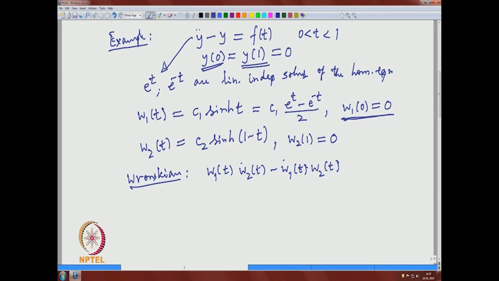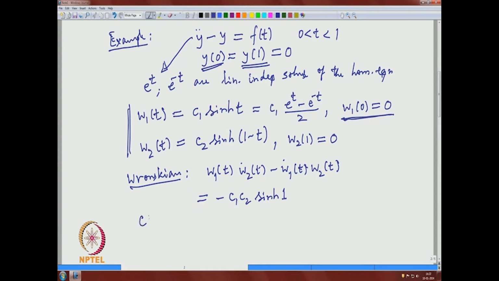If you use these expressions and write the derivative, this is simply minus c1 c2, and you use the addition formula for the hyperbolic sine function, what you find is sinh 1. So, that is a constant.